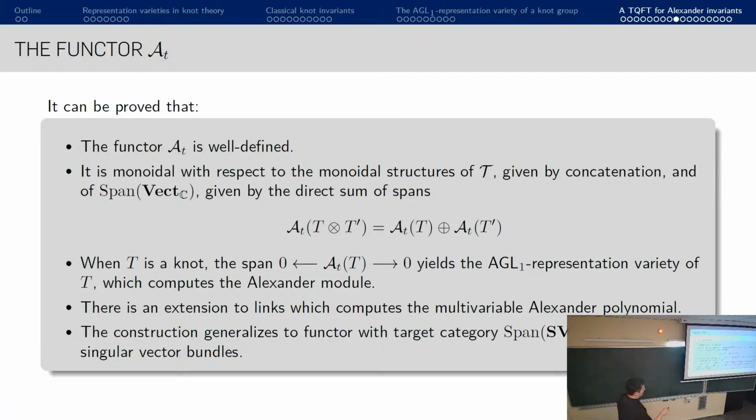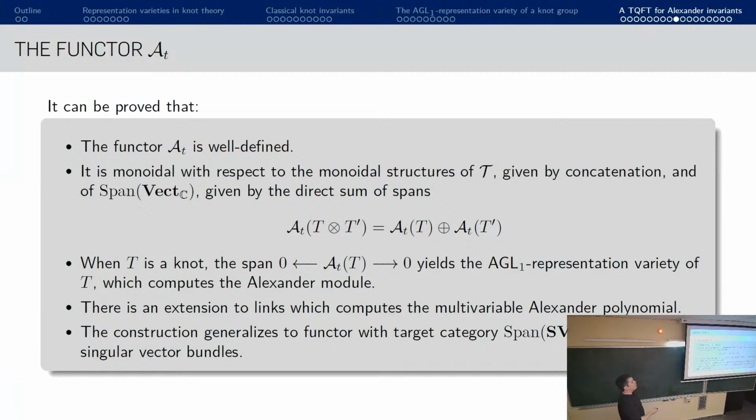The functor is well defined, you have to check several things. It's monoidal. Anytime that you've got two tangles, you can put one aside the other and get a new tangle. That's the tensor product there. And then there's also another monoidal structure: instead of using the tensor product, the direct sum also satisfies the properties of a monoidal structure, so it respects that structure.